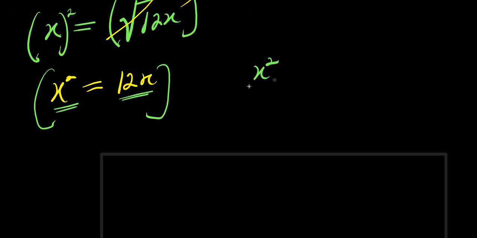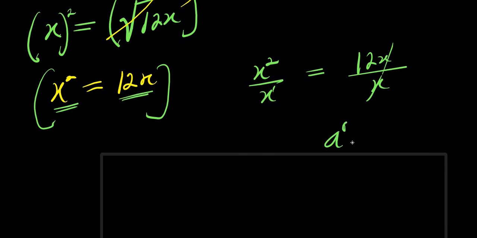I can have x squared divided by x equals 12x divided by x. So x, eliminate x here, and this x is to the power of 1. So x power 2 divided by x power 1 is just like having, if you have a power n divided by a power n equals a power n minus n.